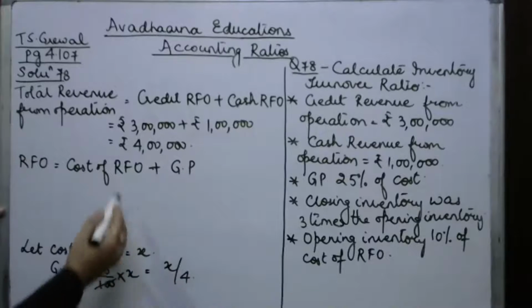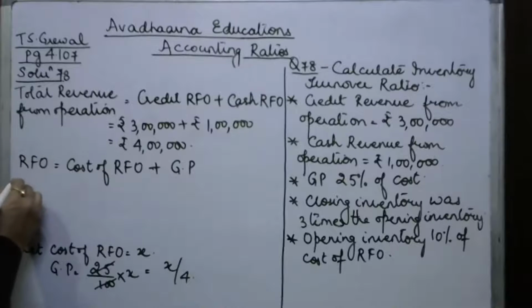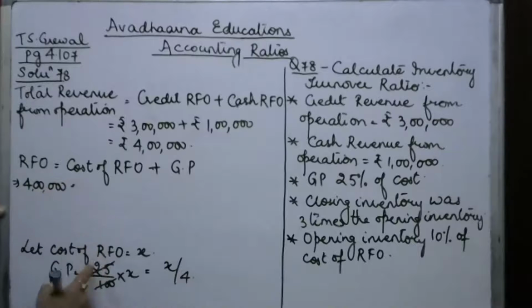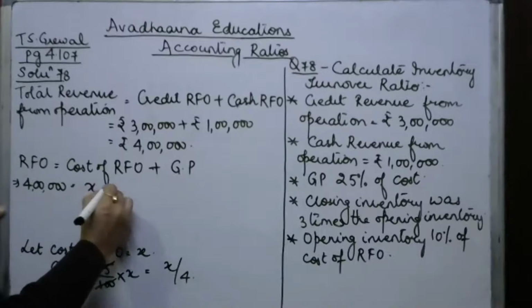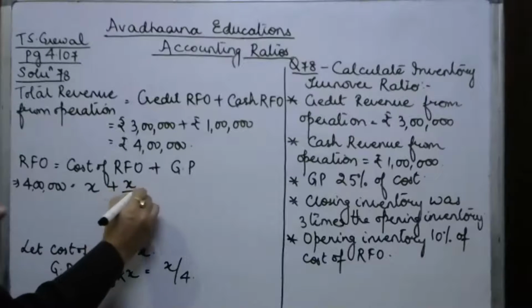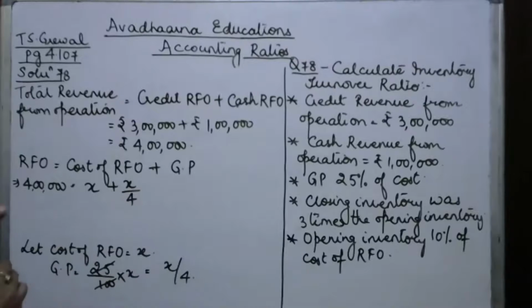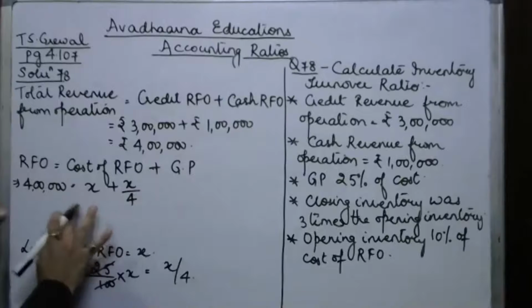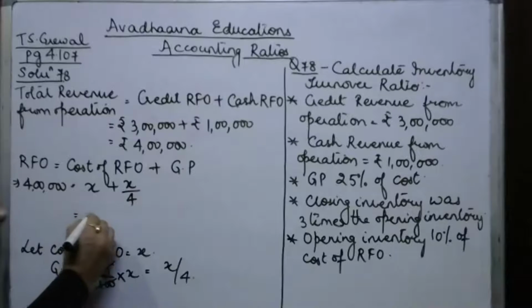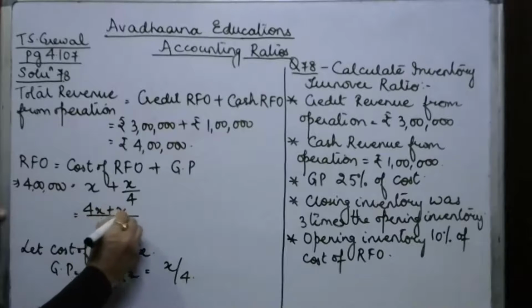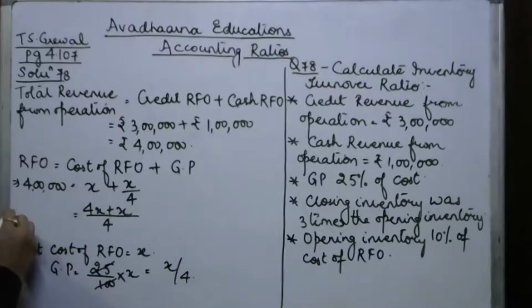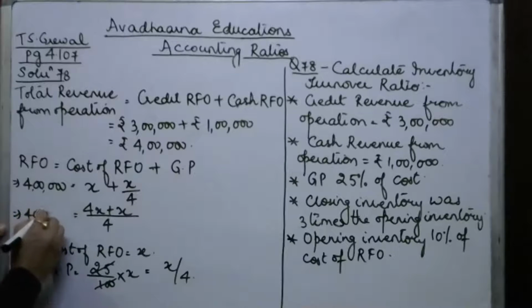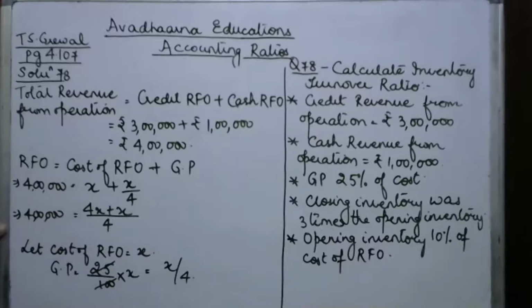Now let's substitute the values. Revenue from operation is 4 lakh. Cost of revenue from operation we have assumed as X, plus gross profit is X upon 4. Now if I take the LCM, which is 4, in the numerator we are going to get 4x plus x, and 4x plus x will be 5x.